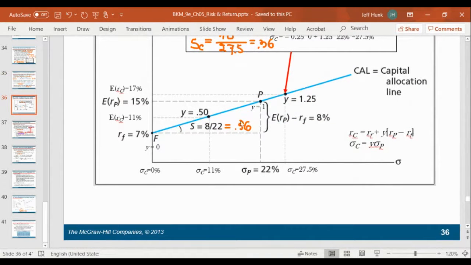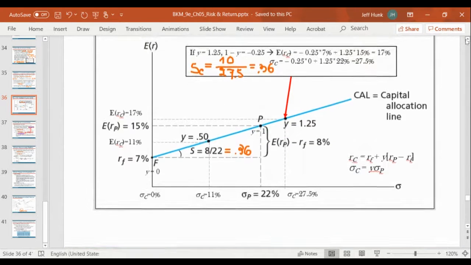Regardless of the allocation of the weight, suppose this is a pretty good example.